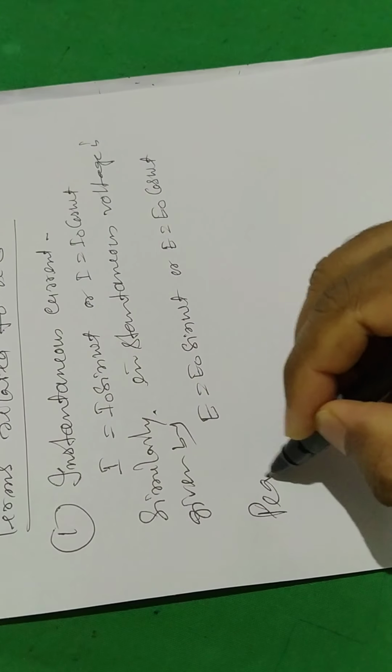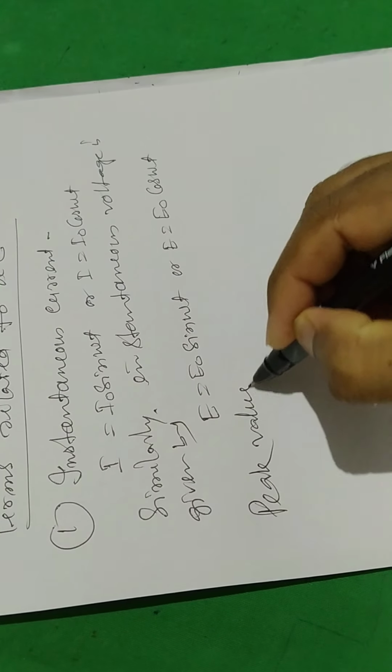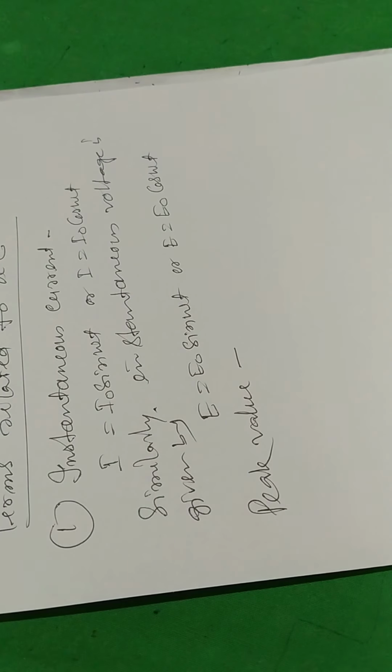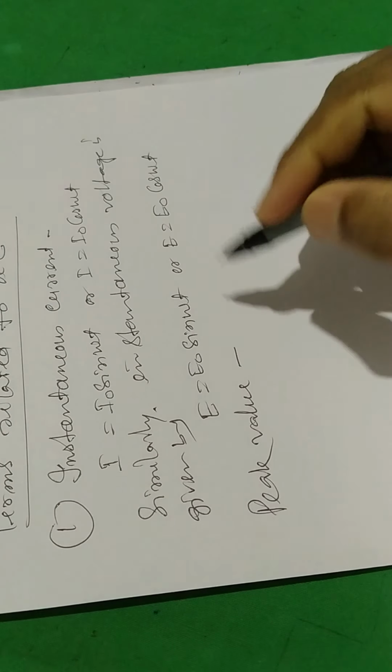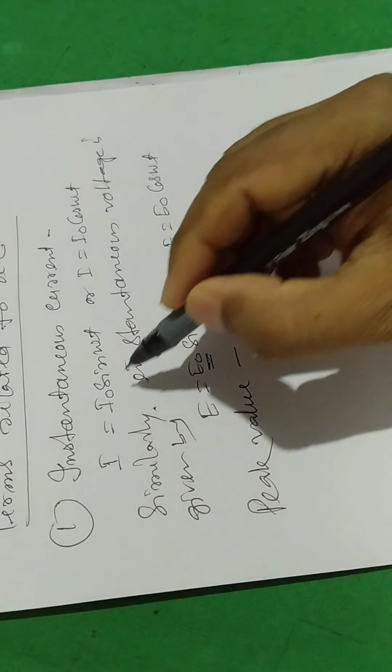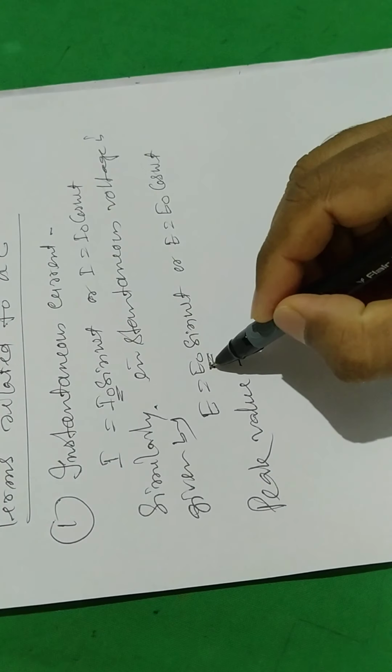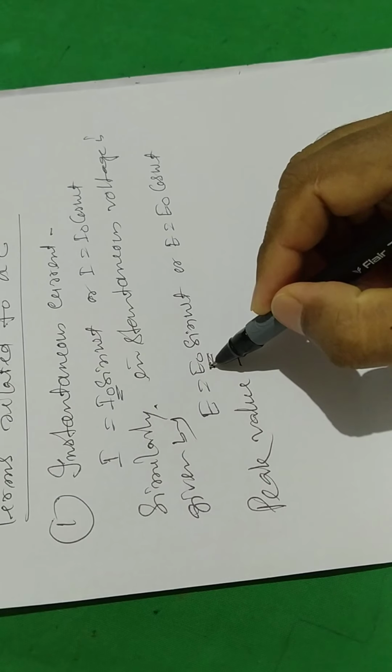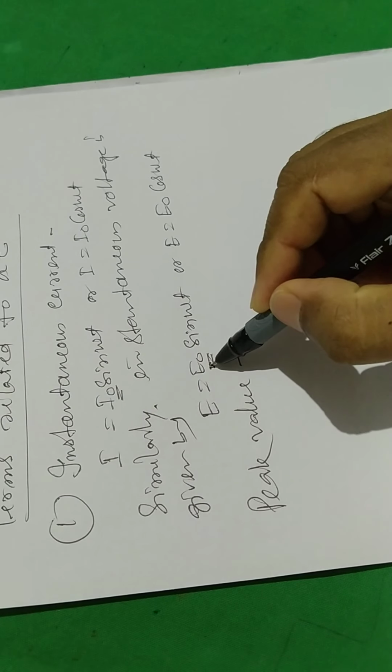Peak value. The maximum value of the current in either direction is called peak value of AC. Here E naught and I naught. E naught is the peak value of alternating EMF or voltage.